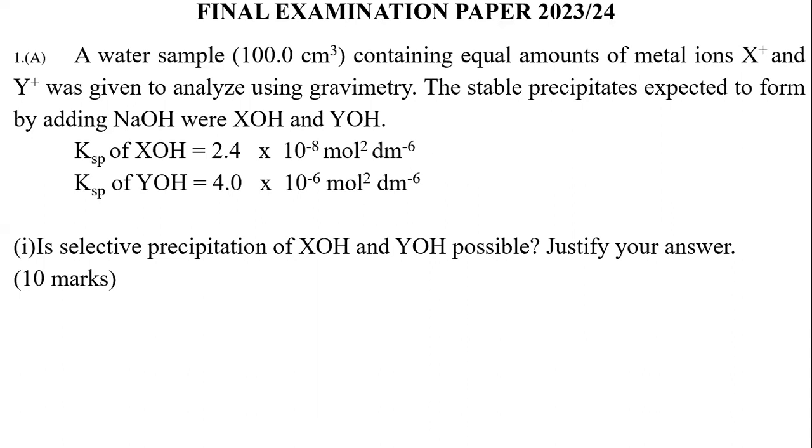If you just show how the ratio is taken, and that it is less than 10 to the power 4, then that is the justification. And the answer is no.